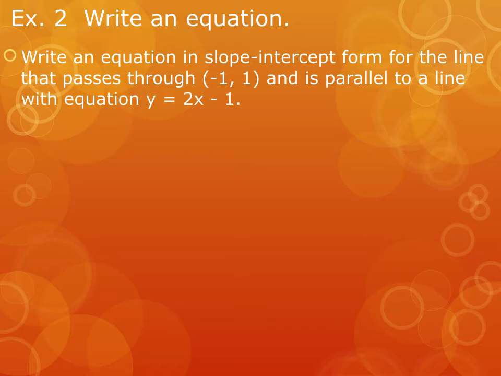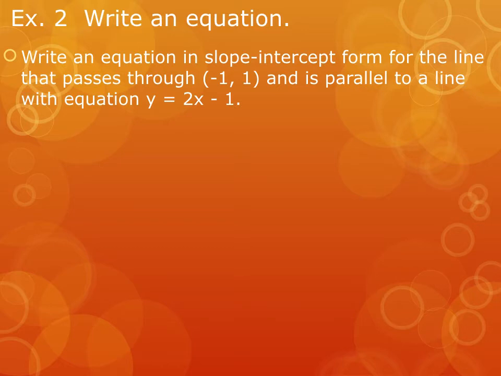Now if I had a graph, I would plot that point -1, 1, and I would remember that parallel lines have the same slope, so I would use the slope of 2, and from the given point I would go up 2 to the right 1, up 2 to the right 1, etc. I would connect it, and I would see if the line goes through a clear y-intercept. And that's how I would write the equation in slope-intercept form.